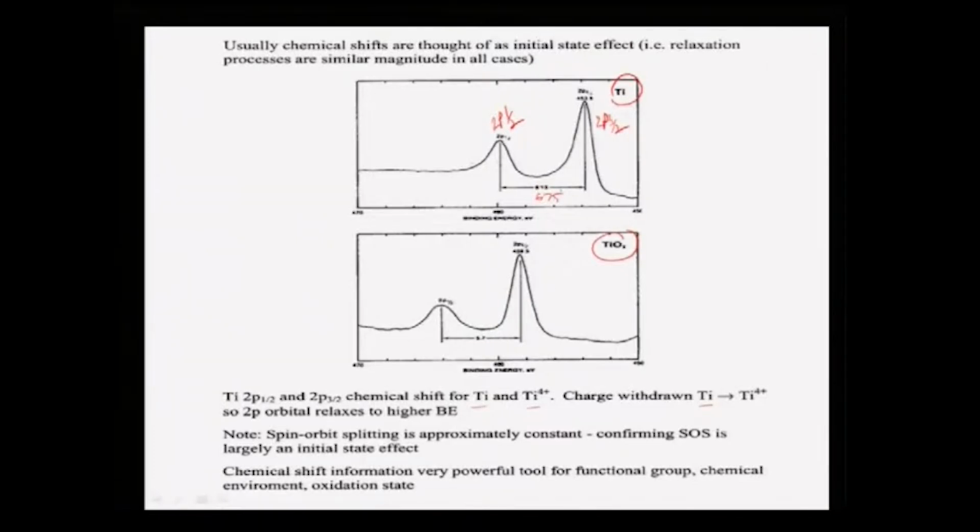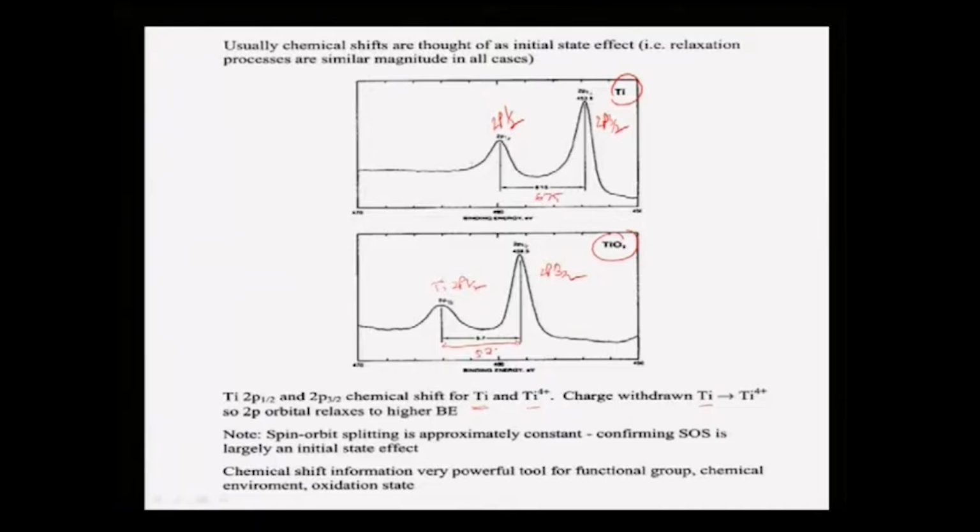Now if I form TiO2, I have a change in the electronic state of titanium from Ti0 to Ti4 plus. So this is Ti 2p 1/2, and this is Ti 2p 3/2. You see the distance between these two has reduced to 5.7 electron volt.